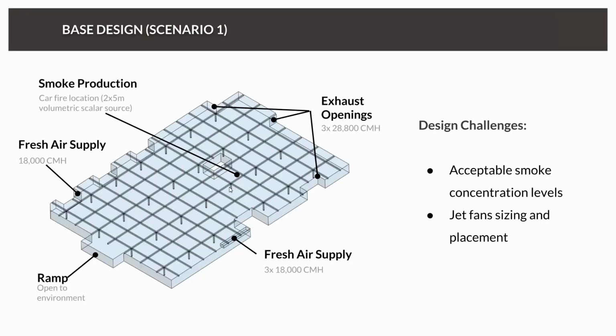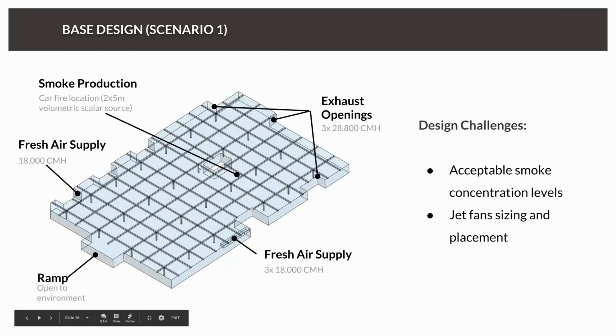And actually we have 2 design challenges. First of all, we want to make sure that we have acceptable smoke concentration levels inside this garage, so that we still have clean paths which can be used as escape paths, since the concentration level is low in those areas.